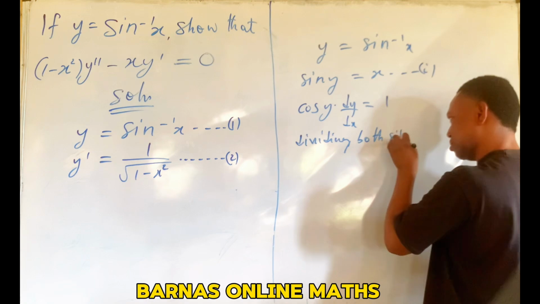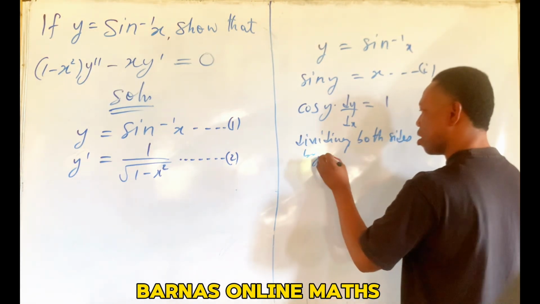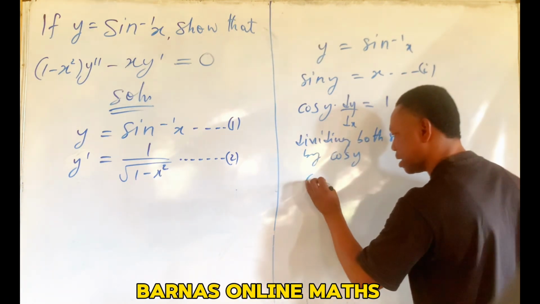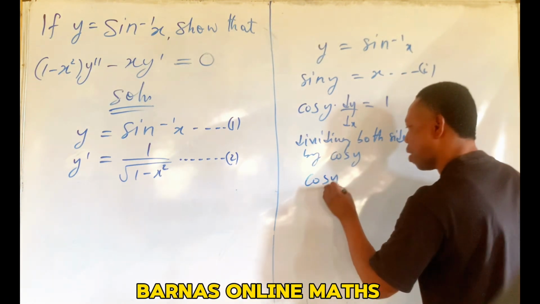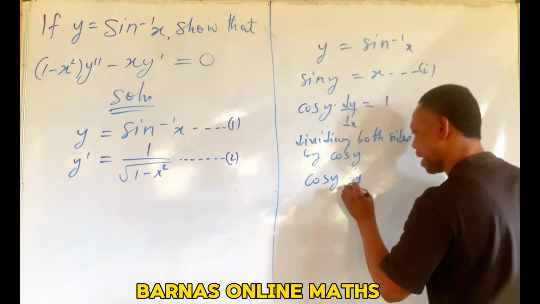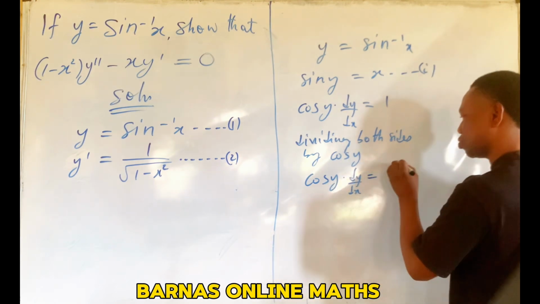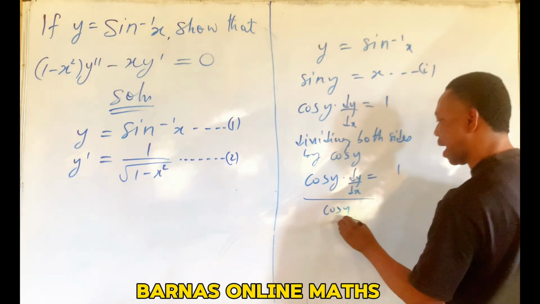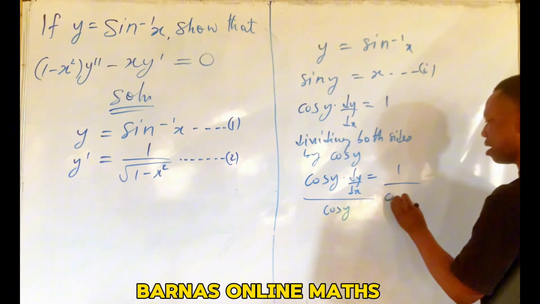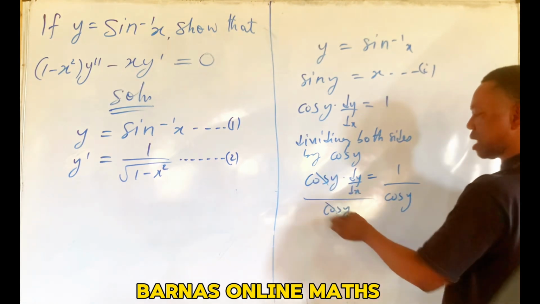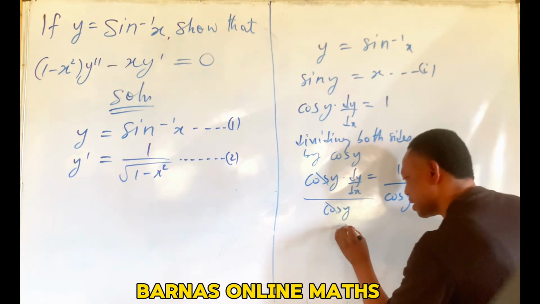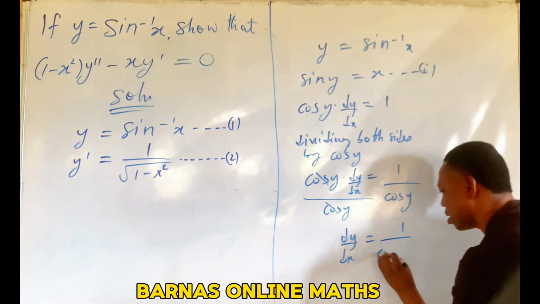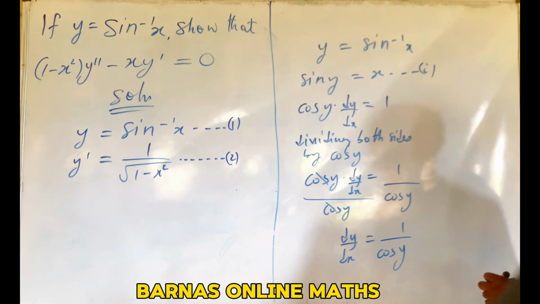Cos y times dy/dx equals 1. Dividing the left hand side by cos y and the right hand side by cos y, this cancels that, and we are left with dy/dx equals 1 over cos y.